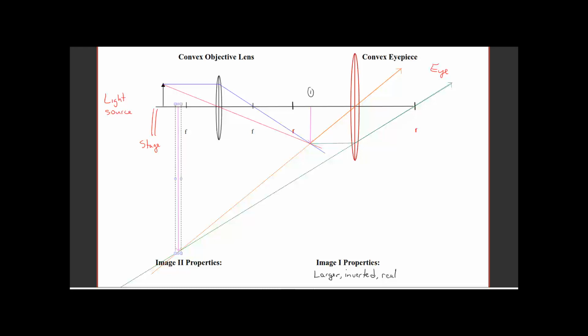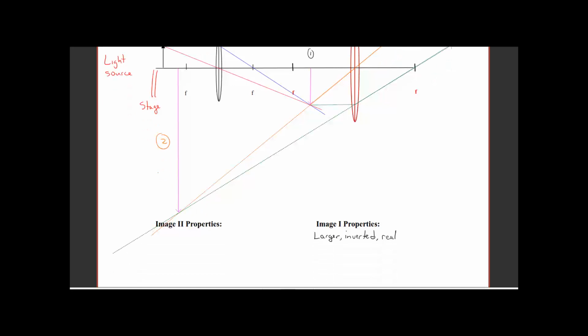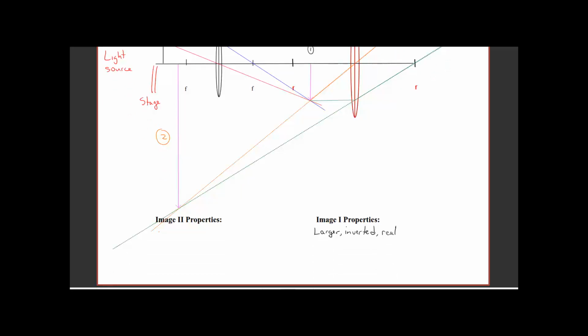Okay, so back to exactly where the rays cross. So this pink arrow represents what our brain imagines it is seeing and what makes sense to it. Our second image is going to be larger a second time. So no surprise there.